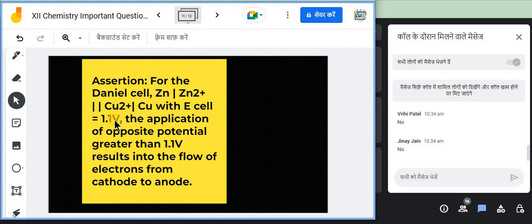What is the formula which relates Gibbs free energy change with the equilibrium constant? Can anyone tell? Delta G naught is minus nFE naught cell. Yes. And then one more formula we have to write. If E naught cell is positive, then what will be the flow? Electron lost is at the anode. So this is the first answer.